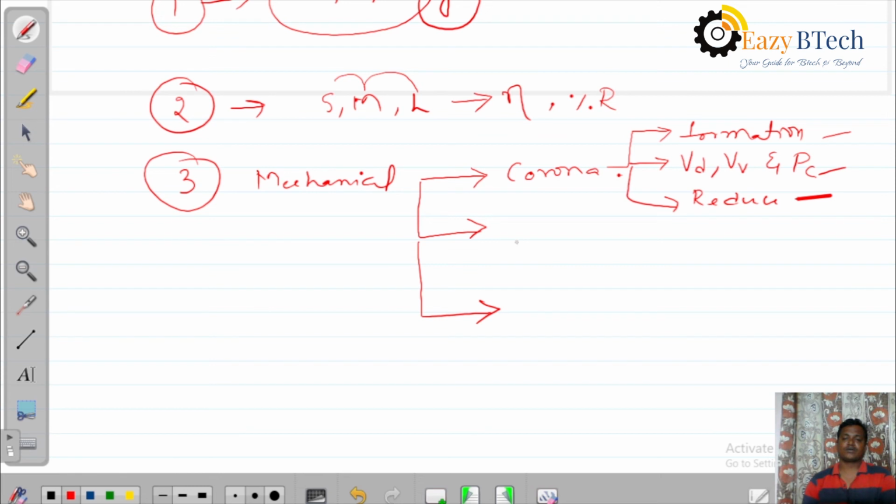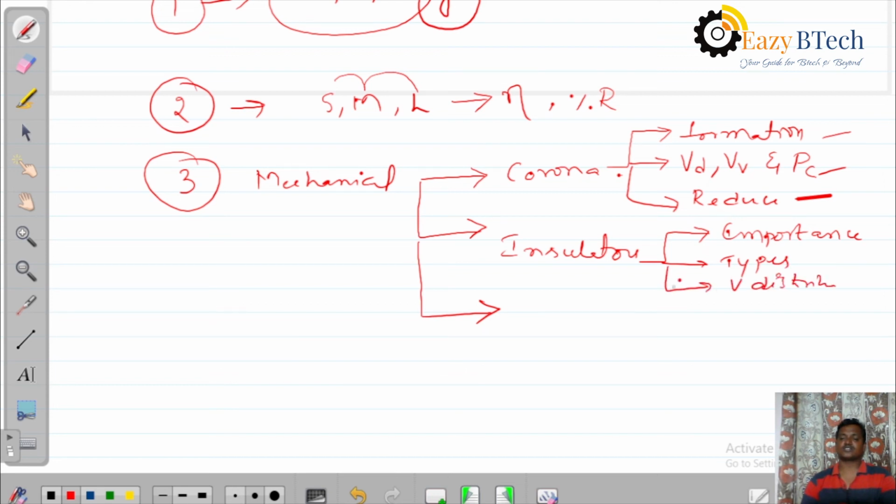And also we will discuss insulators: why we need insulators in overhead transmission systems, importance of insulators, types of insulators and voltage distribution across the string.